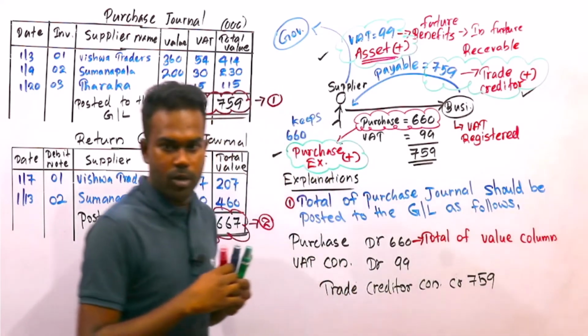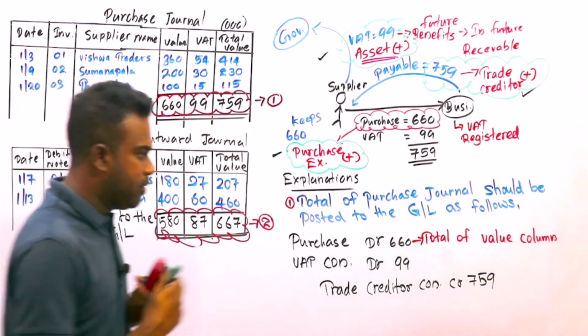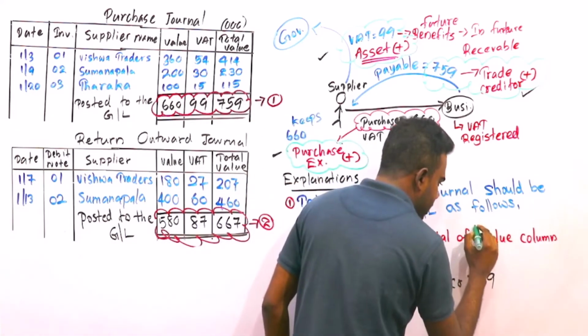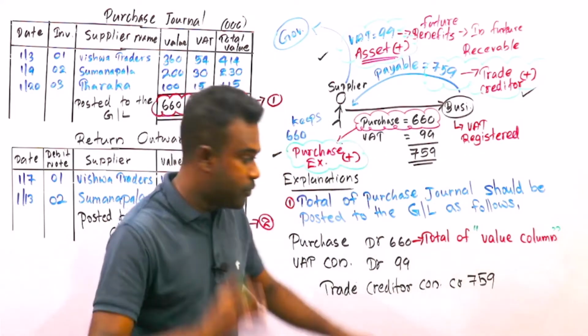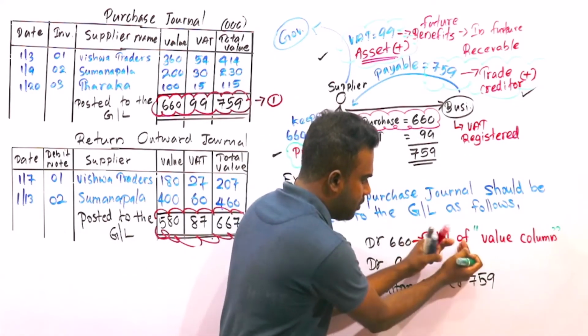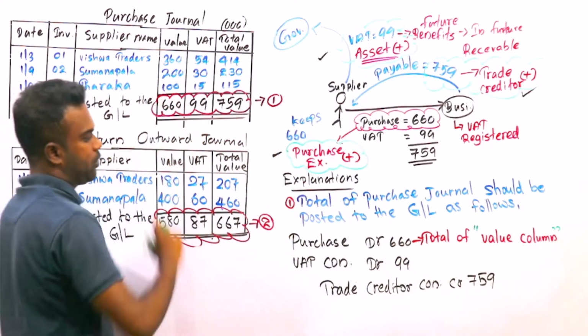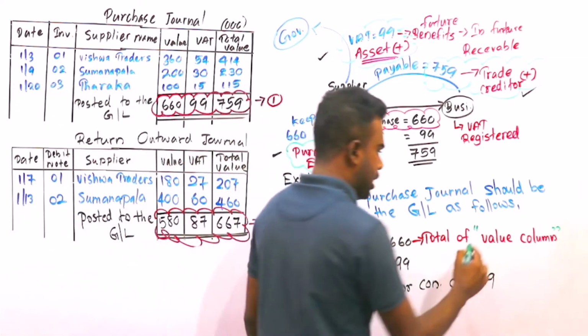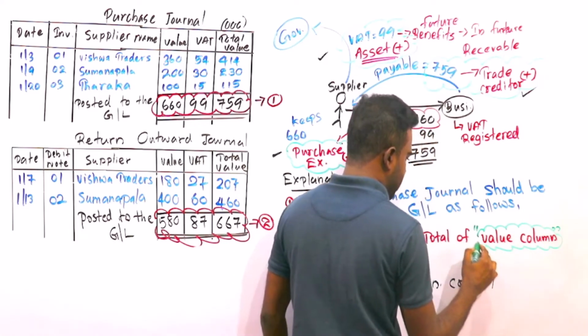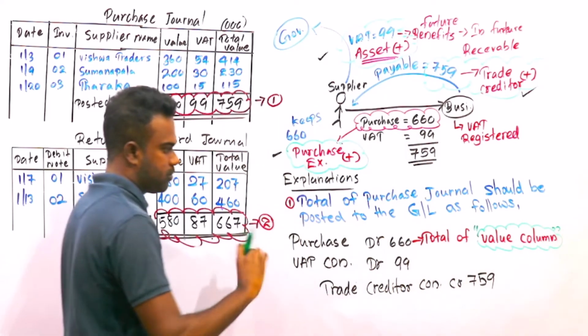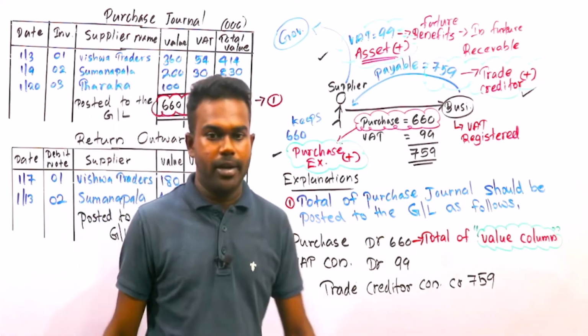Can you see the words? Please write down "value column" in inverted commas. It's better if you can highlight it. This total means the value. Write it in front, in red color pen.